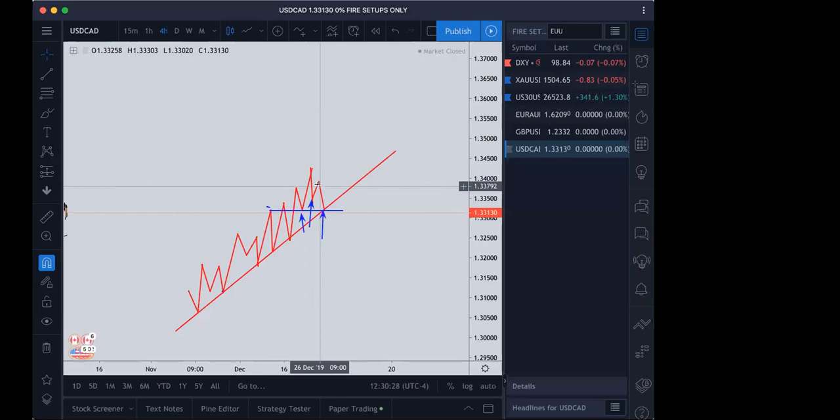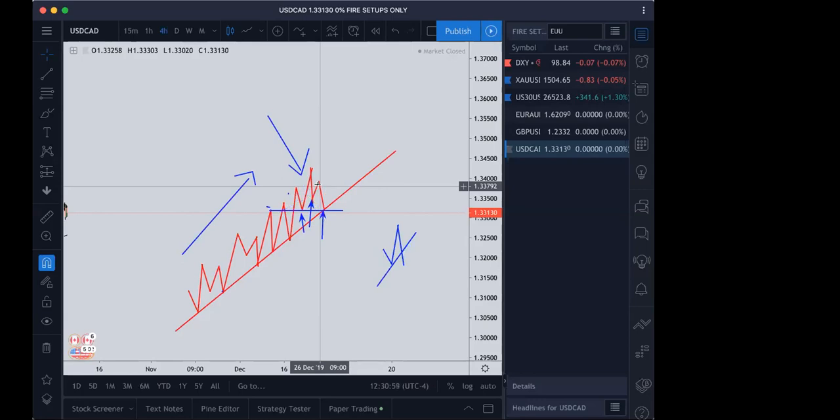This is why lots of people lose money, because they think this one is the head and shoulders, but don't forget, overall it's still bullish. And this pattern is created above the trend line. In order to break to the downside, it would have to break to the other side of the trend line. Yes, of course. So this is the head and shoulders, this one, and not this one. Got it.